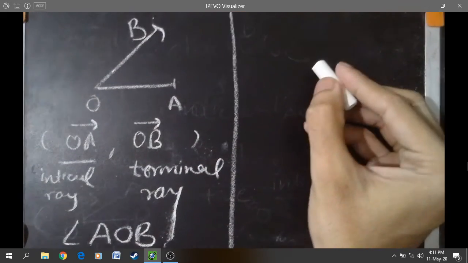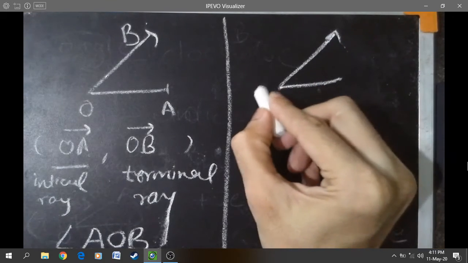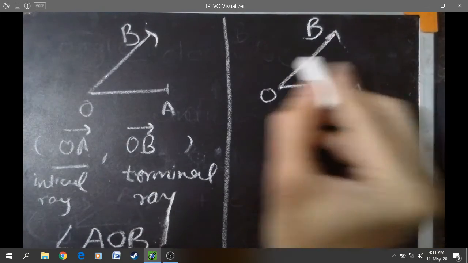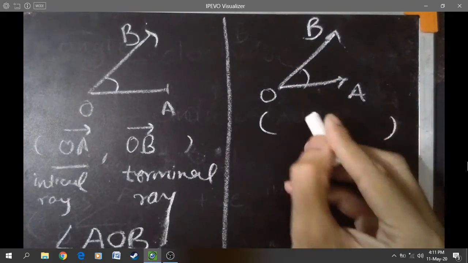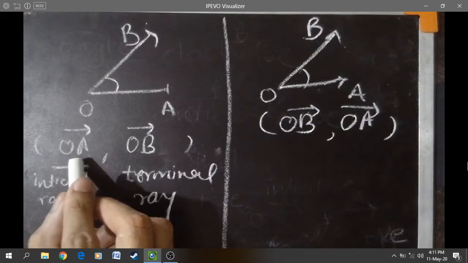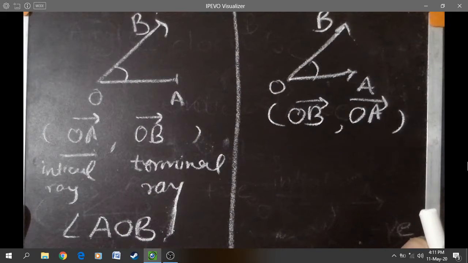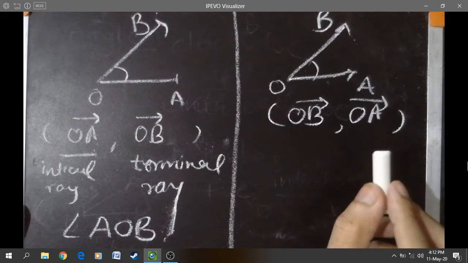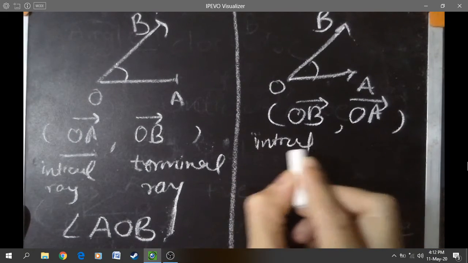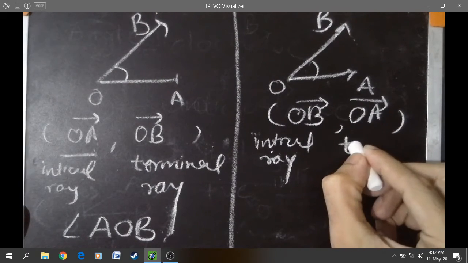And the second example: same figure, but suppose the ordered pair is OB, OA. Here it was OA and OB; now OB is written first, so the order has been changed. Here the initial ray is OB and OA is the terminal ray.